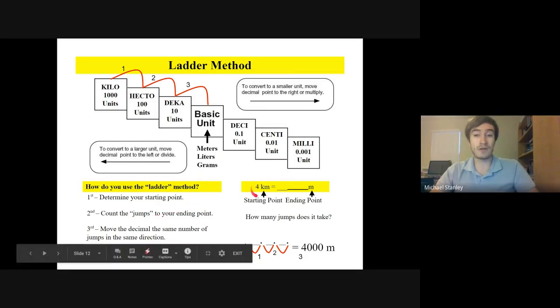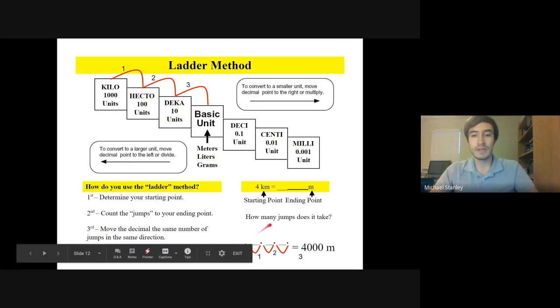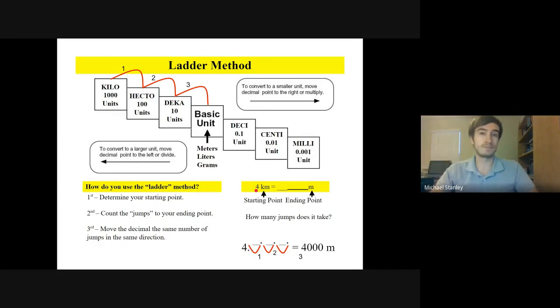Then on our original number, what we're going to do is move our decimal point the same number of jumps in that same direction. So in this case, 4 was our original number. And we said that to go from kilo to meter, we had to take 1, 2, 3 jumps to the right.